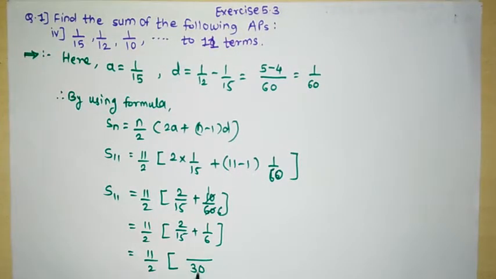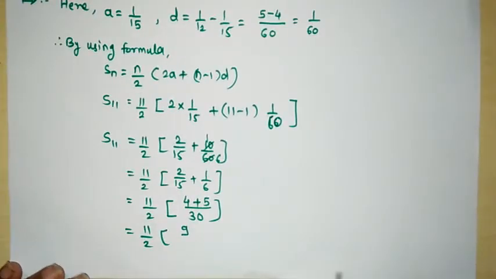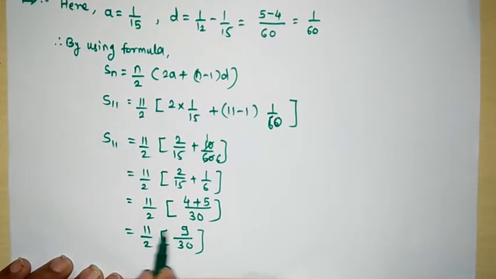Now 2 into 2, that will become 4, plus 5, which is equal to 11 by 2 into 4 plus 5, which is 9, divided by 30. Now multiply this 11 into 9, which is equal to 99 divided by 60.